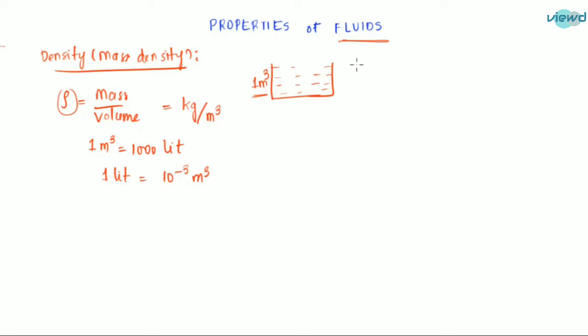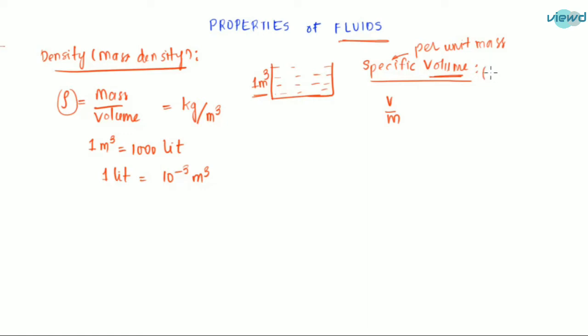And next, specific volume. The term specific indicates per unit mass. So here it is specific volume, volume per unit mass.